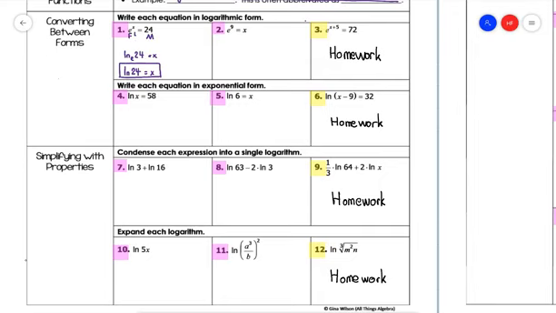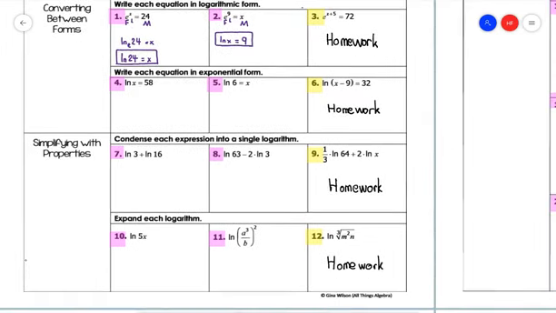Now number 2, the same thing. So e is our base. And so we've got natural log of x equals 9. Now on the second part here, we're going to be rewriting it in exponential form. So the first would be the base of e. So you have e to the power of 58 is equal to x.